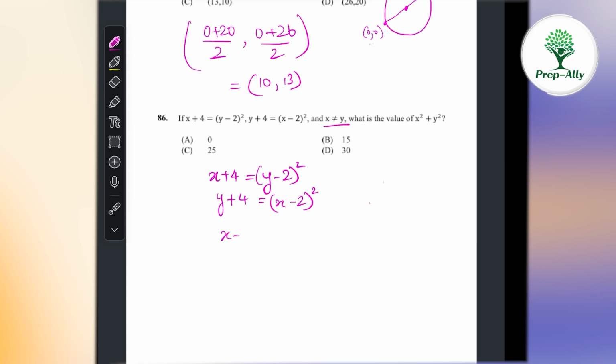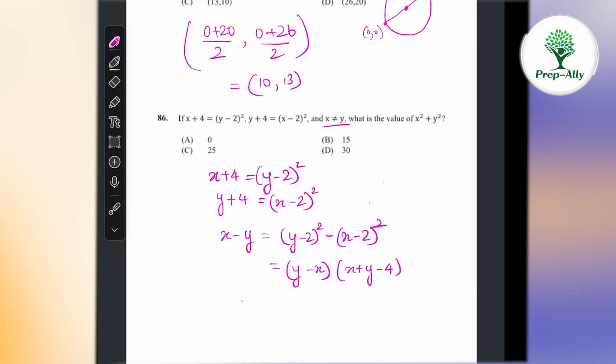We'll get x minus y equals y minus 2 the whole square minus x minus 2 the whole square, which is y minus 2 minus x minus 2, which is y minus x, times y minus 2 plus x minus 2, which is x plus y minus 4.